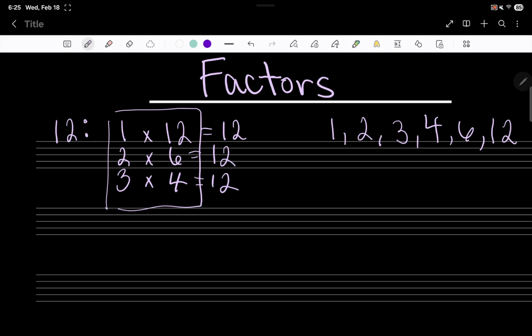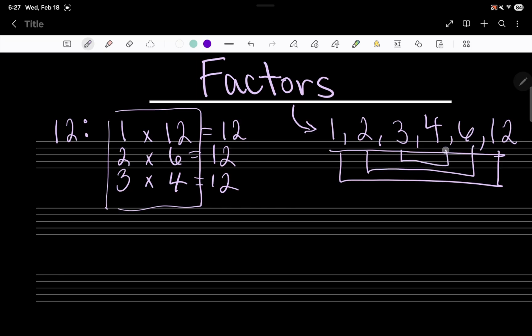These are all factors of 12. This group of numbers are factors of 12 because we can use a set of these numbers to multiply to get 12.